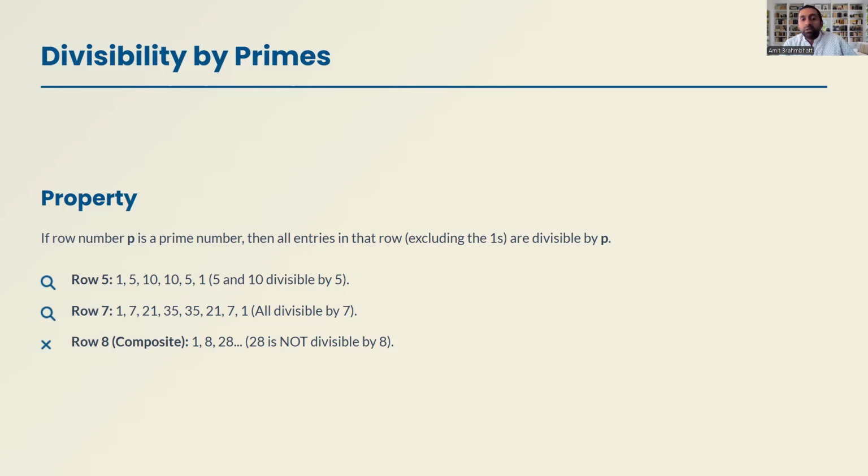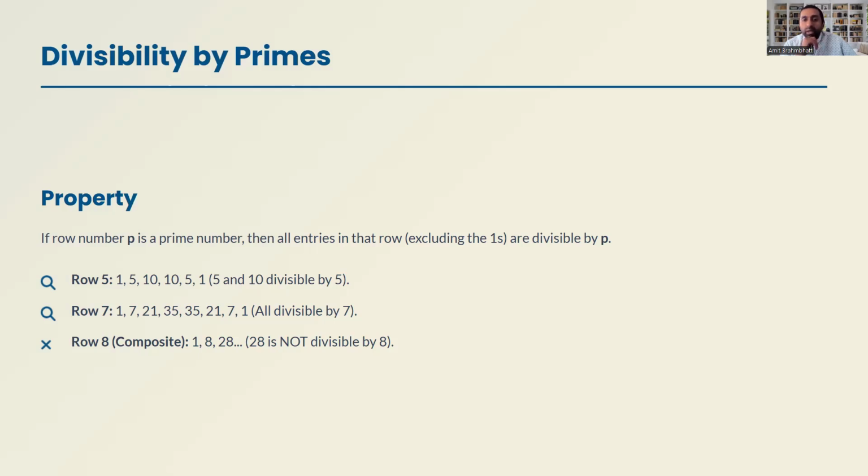Here's a remarkable number theoretic property hidden in the triangle. If the row index p is a prime number, then every single internal entry in that row, excluding the boundary ones, is evenly divisible by p.